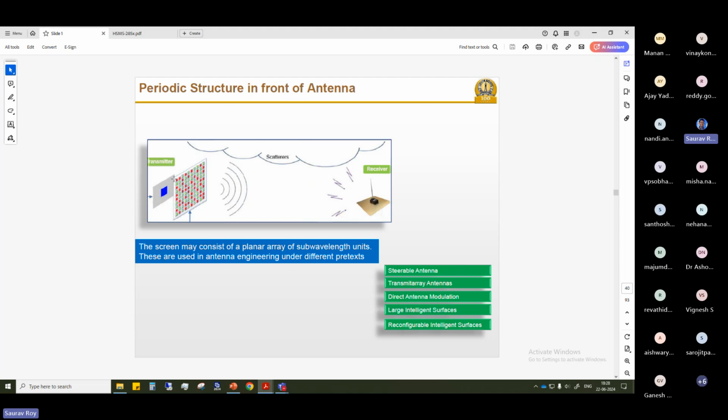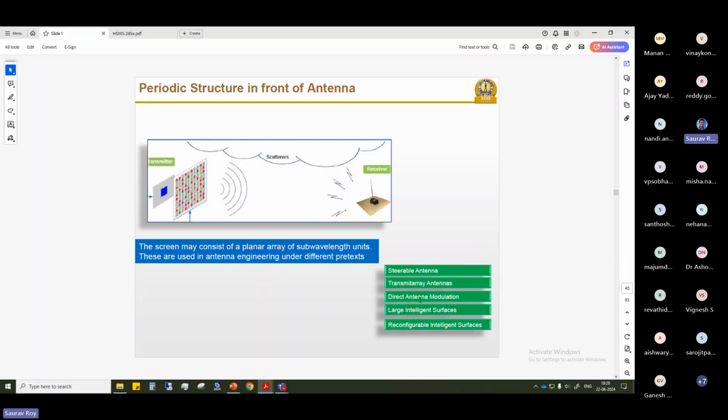Now the signal transmitted by the patch antenna goes through the surface, and it goes through the channel here, and the receiver finally receives it. The receiver can be a simple antenna or a horn antenna, patch antenna, anything, but the modulation happens here, generated by this surface, by switching this surface.